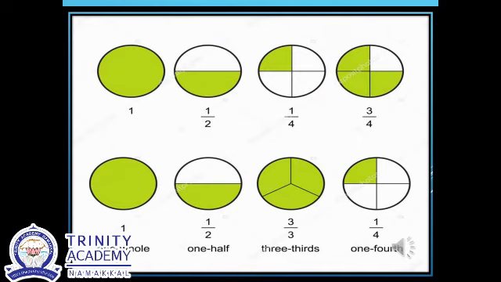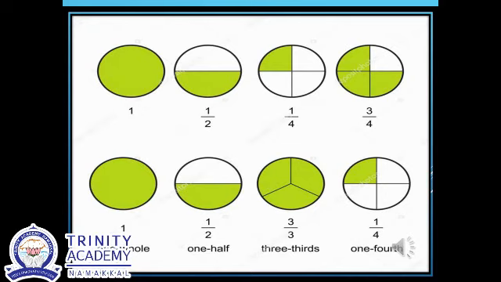See, in this example, one full part is shaded, that is one whole part is shaded, so we can say one whole. Next, a circle is divided and a half part is shaded, so we can represent 1 by 2 or 1 half.